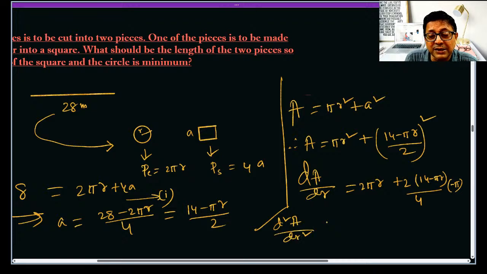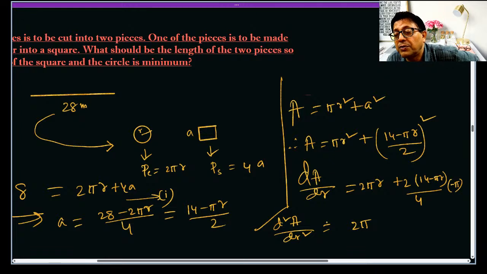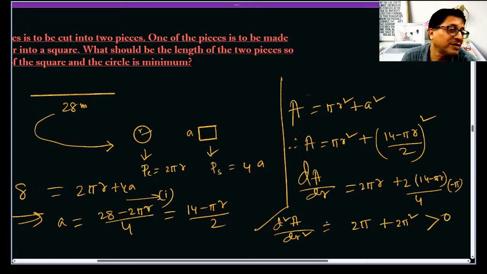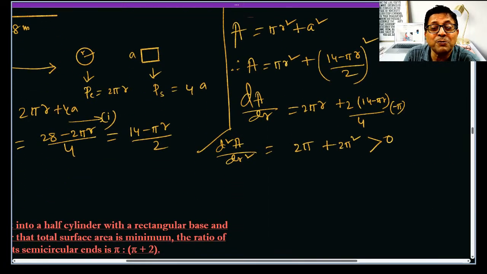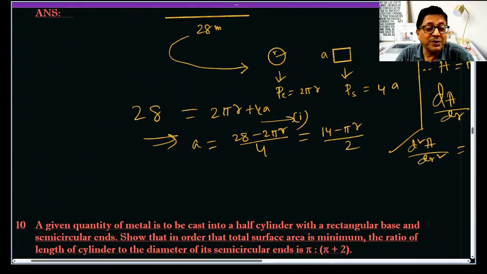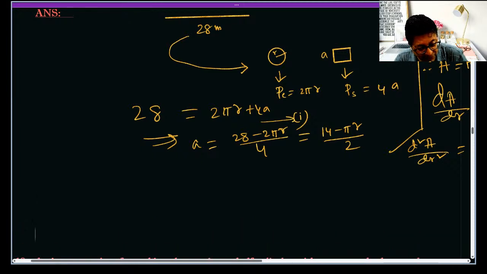This will be the right technique. 2 pi, then 28 by this part getting cancelled fully, plus 2 pi square r. So this will give you 2 pi square, which is greater than 0. So decision making will be easier. A is always positive, so what will be the decision? This will be minimum only.